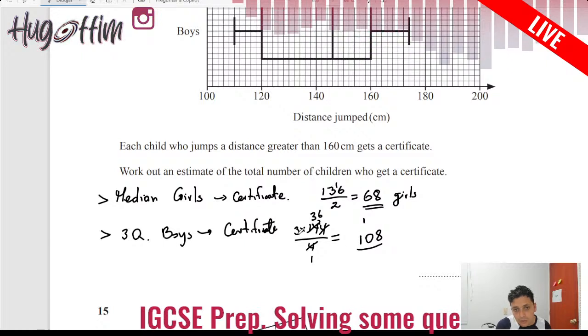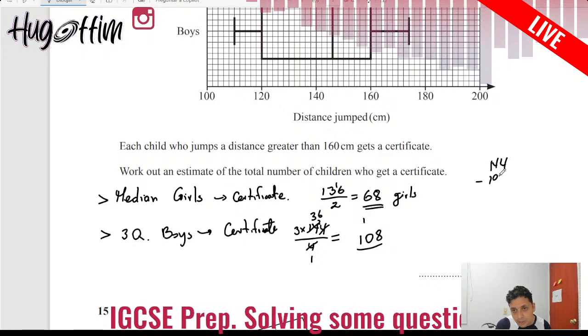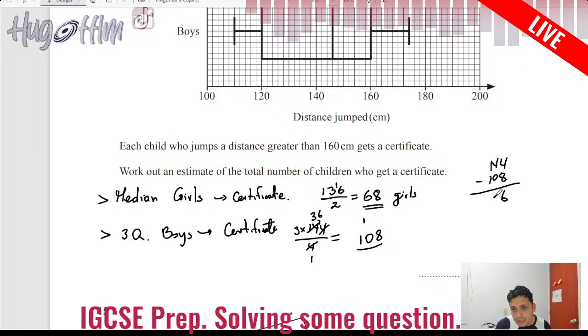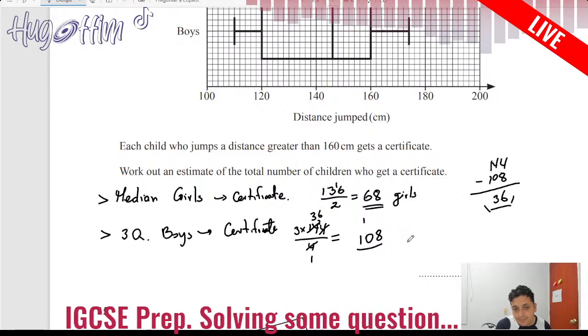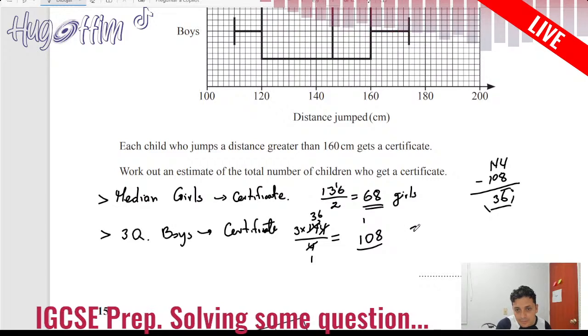The rest are the ones who get the certificate. So 144 minus 108 is 36. So 36 boys get the certificate.